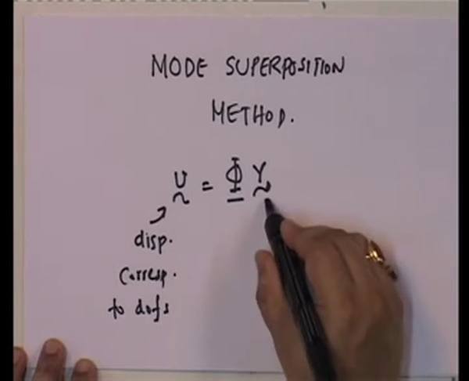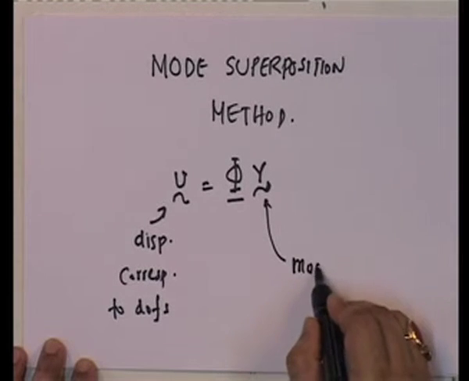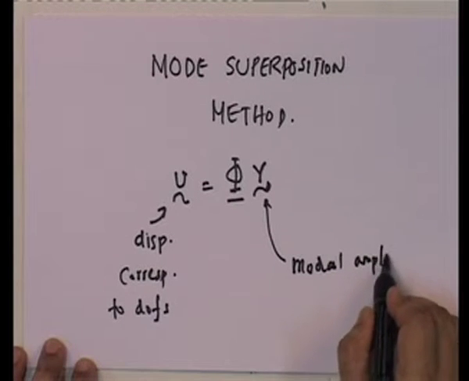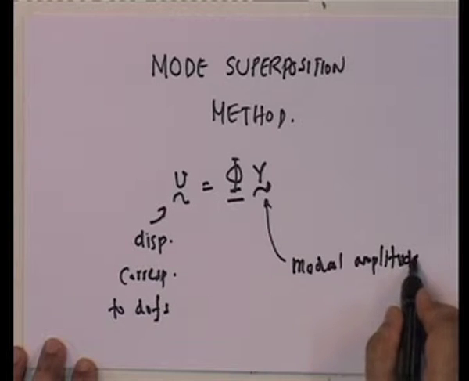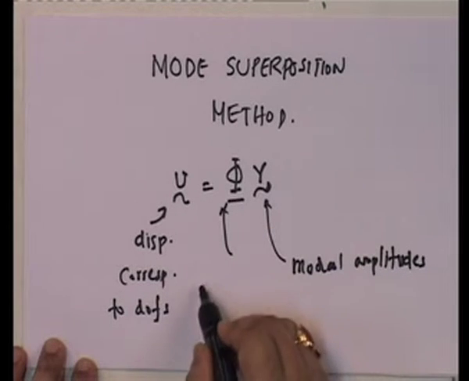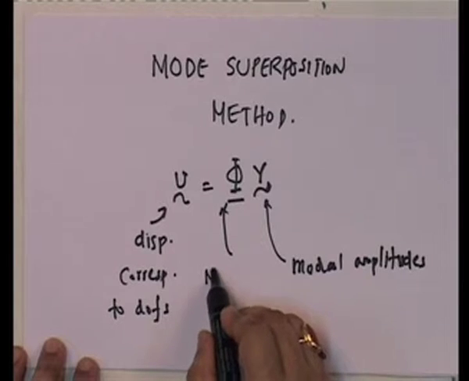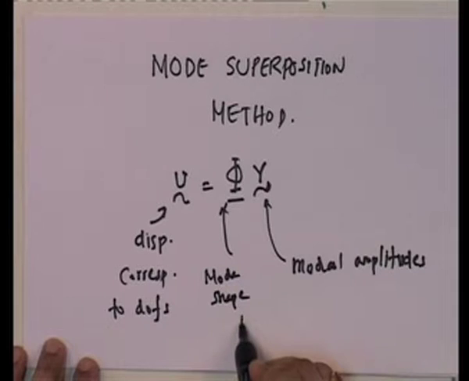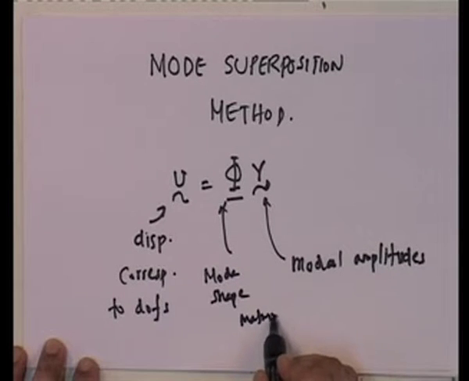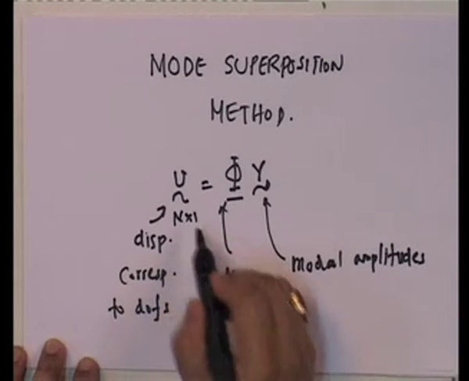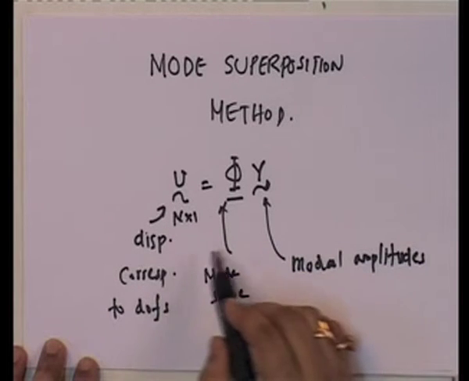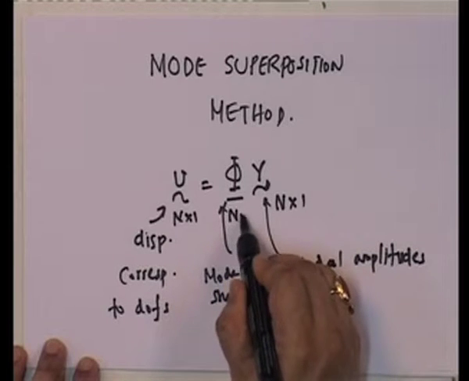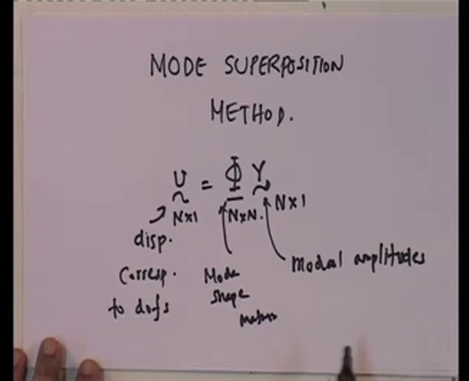Okay. These are modal amplitudes, and this is the mode shape matrix. This is n by 1 because there are n degrees of freedom. This is n by 1 and this is n by n.